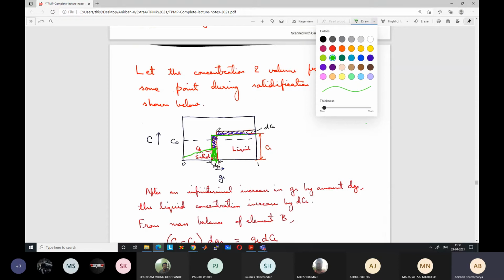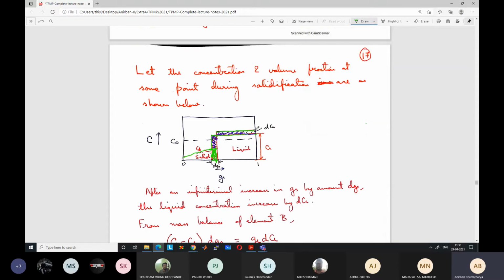So we have the new liquid concentration as Cl plus DCl, and the new solid fraction is Gs plus DGs. Initially the volume fraction of solid was Gs. Now the volume fraction of solid has increased by DGs, so the new solid volume is Gs plus DGs.